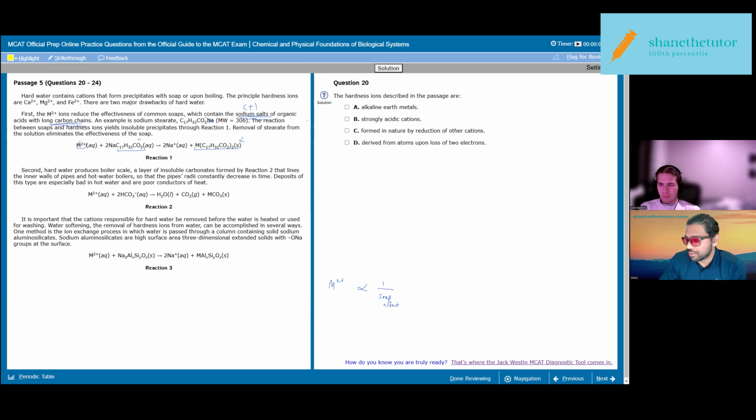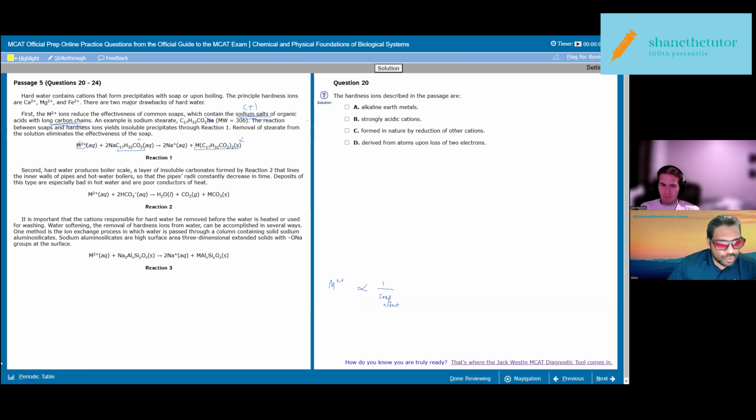Because to get soap to work in the first place, you need to mix it up with water. You can't just take a bar of soap and go at it dryly. Then they say removal of the stearate from the solution eliminates the effectiveness of the soap, and that's what they're doing by precipitating it out.